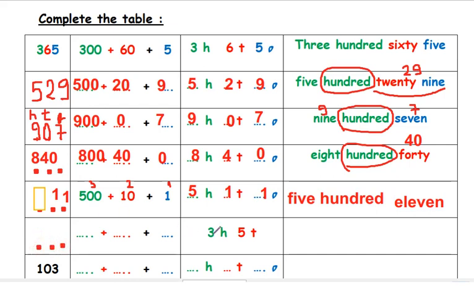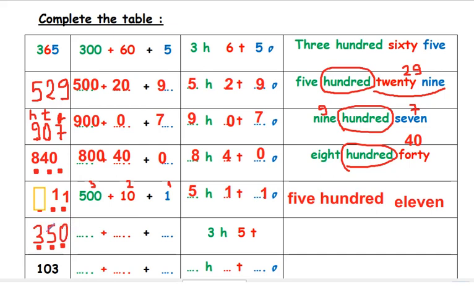Okay, 300, I will put the 3 in here. Great. And then what? 5 tens. Here's the place of tens. And I have no ones. Since I have no ones, I will put 0 in here. Great. So that's the number.